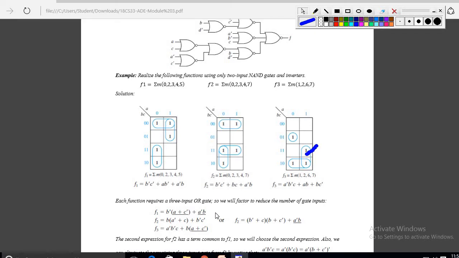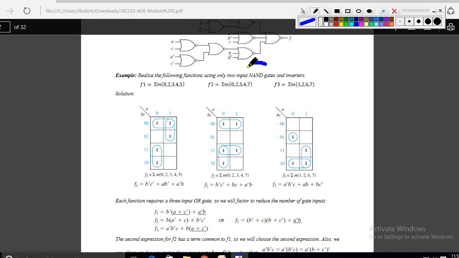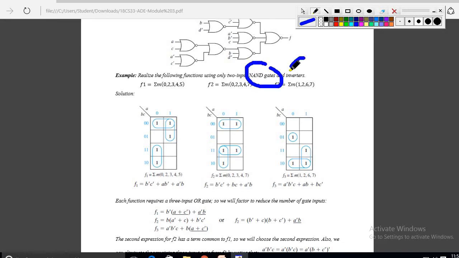Here NAND gate has been asked and inverters can be used. He is telling that you have to use only NAND gates as well as inverters, no NOR gate and no OR gate and all. In the above problem, he clearly said that we have to realize using NOR gate. For that reason I am using each and every expression with NOR gate.